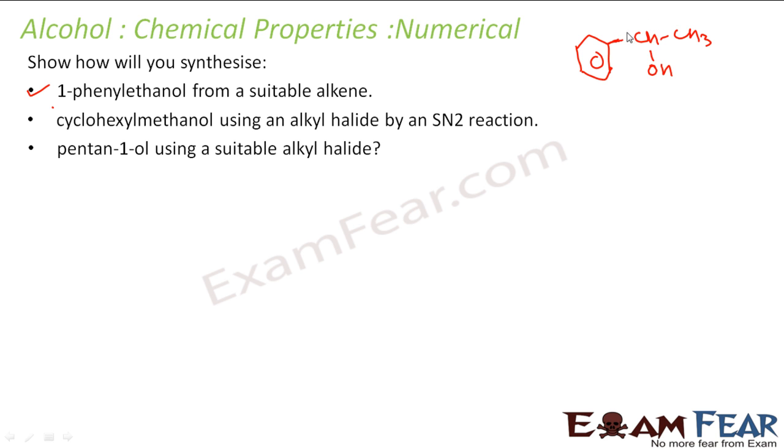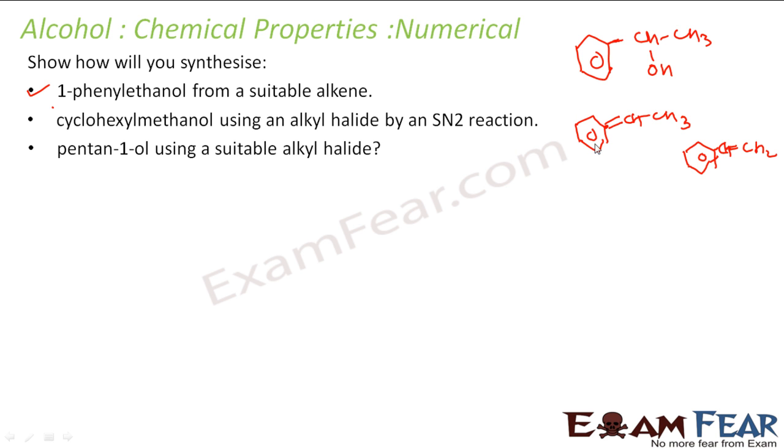I have to get it from a suitable alkene. So either I can have a double bond here or here. So let's see both the cases. The other option is I have a double bond between these two carbons, CH2. In this case, this carbon has 0 hydrogens, correct? So OH will add here, by Markovnikov's rule, to the carbon which has fewer hydrogens.